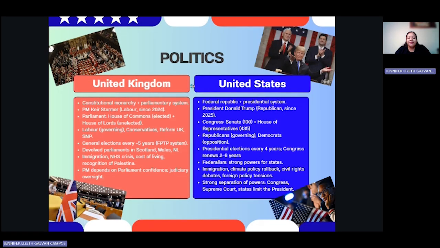There are some characters that differentiate the United Kingdom from the United States.